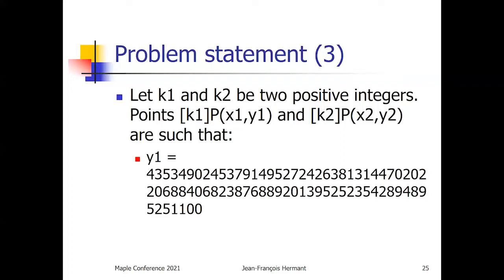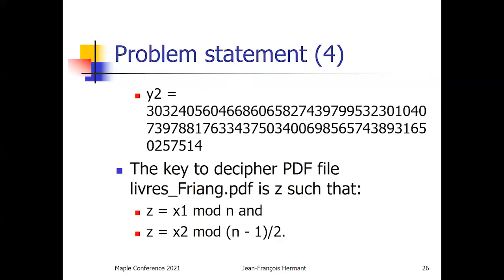And these points are such that y1 is equal to this value, y2 is equal to this value. So given y1 and y2, we'll have to compute x1 and x2, okay? And with these values for x1 and x2, we'll be able to compute the key to decipher the PDF file.